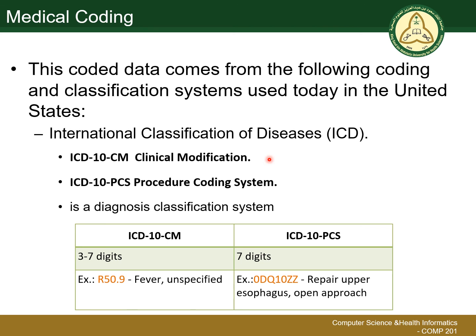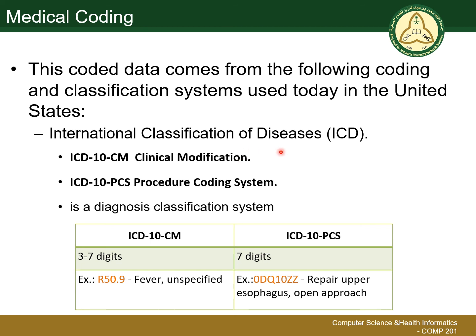So the ICD needs to be updated annually. Because of that, you can have different ICD classification systems with different numbers. This is an example of the ICD, the 10th version of the International Classification of Diseases.